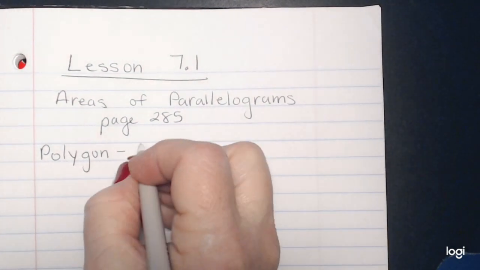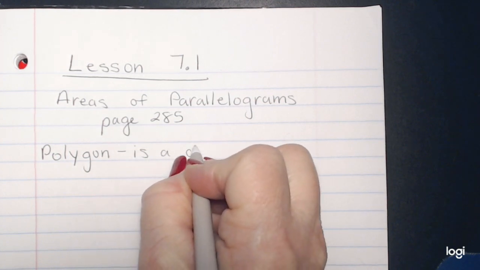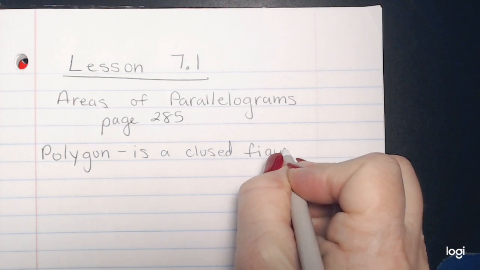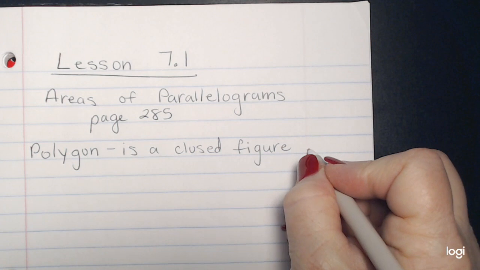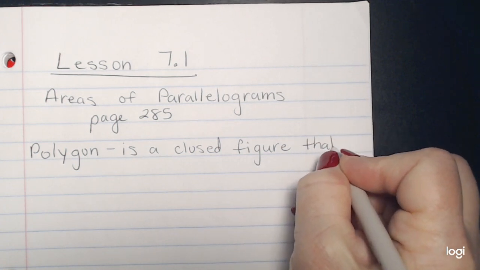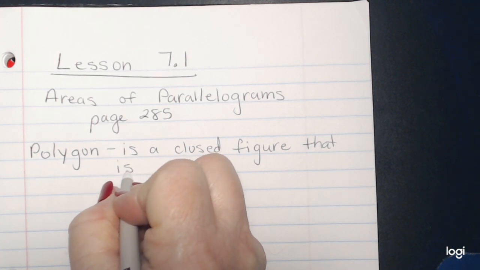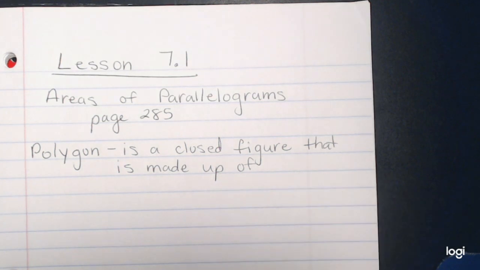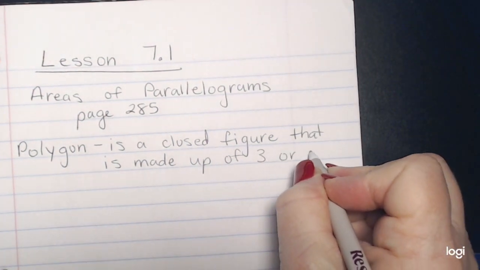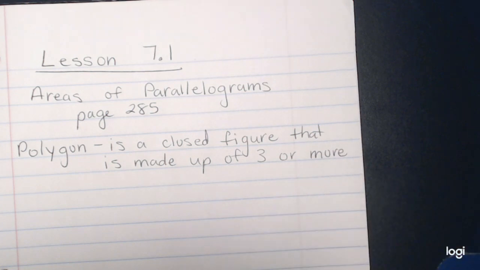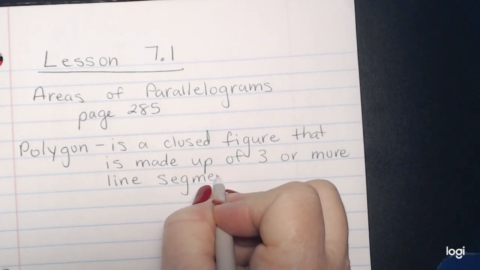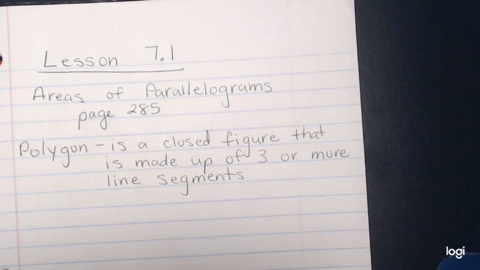Well, I want you to know that a polygon is a closed figure that is made up of 3 or more line segments. Okay, line segments.